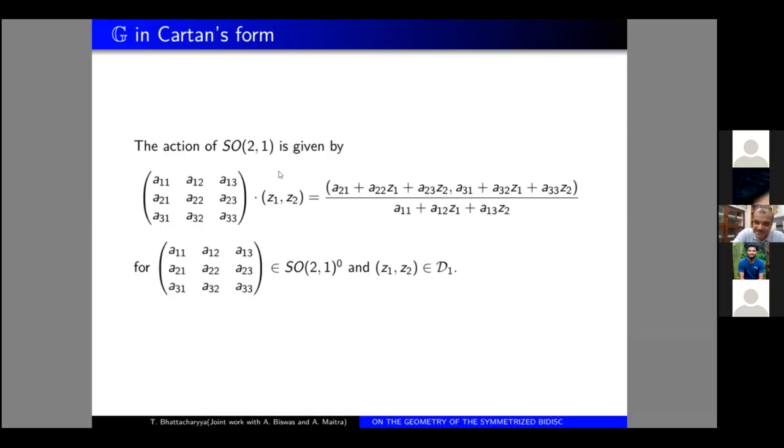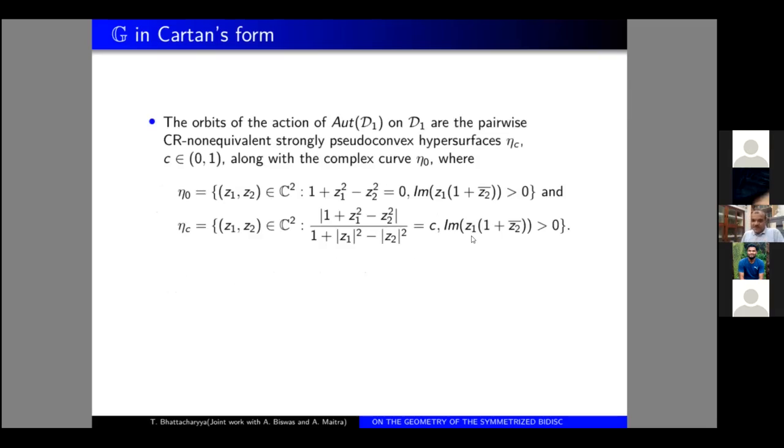This is the action. So SO(2,1) is a 3 cross 3 orthogonal matrix, and it acts like this. You take a pair Z1, Z2, and this is just the action. Okay. Now, what does the automorphism group of this strange domain D1 do to D1? You apply the automorphism group and look at its orbits. Again, it turns out that it has a special orbit, which I think is Isaev's notation.